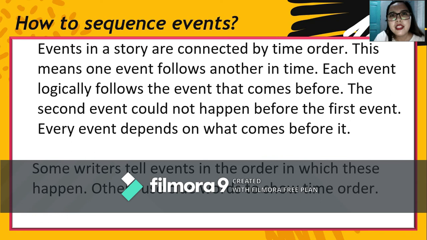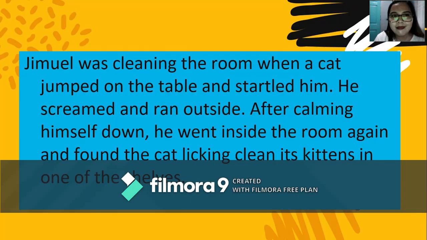And when we sequence, we can use transition signals. And you all know transition signals already because that was our lesson last week. Every event depends on what comes before it. And some writers tell events in the order in which this happened, and others are using clue words to show time order.